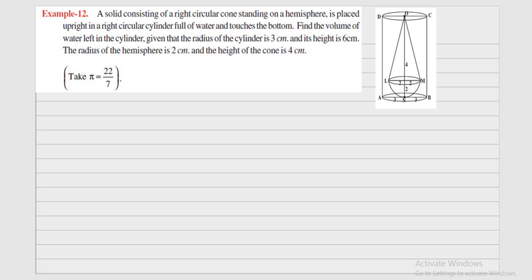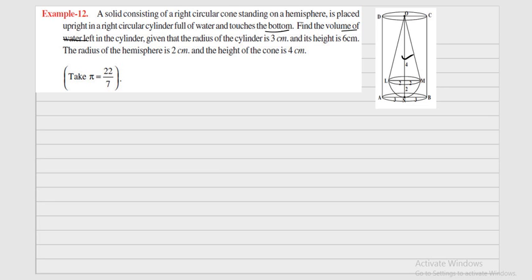A solid consisting of a right circular cone standing on a hemisphere is placed upright in a right circular cylinder full of water and touches the bottom, right? So it is touching the bottom. Find the volume of the water left in the cylinder. The same model, right? If you observe in this cylinder, this particular shape is immersed, right?